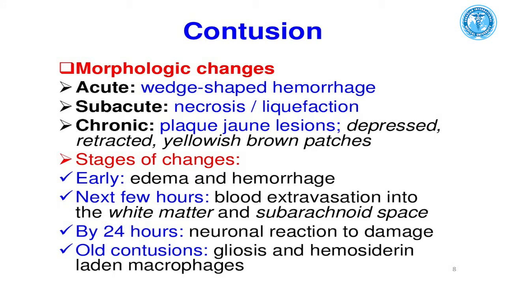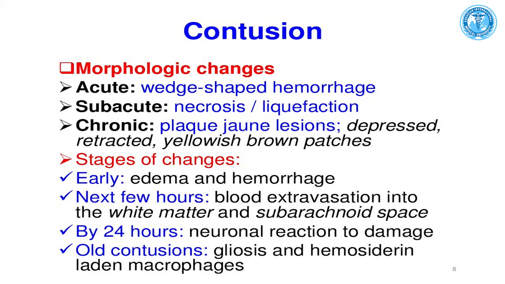Contusion morphologic changes may be acute, subacute, and chronic. Acute: wedge-shaped hemorrhage. Subacute: necrosis and liquefaction. Chronic: plaque jaune lesions, depressed, retracted, yellowish brown patches.